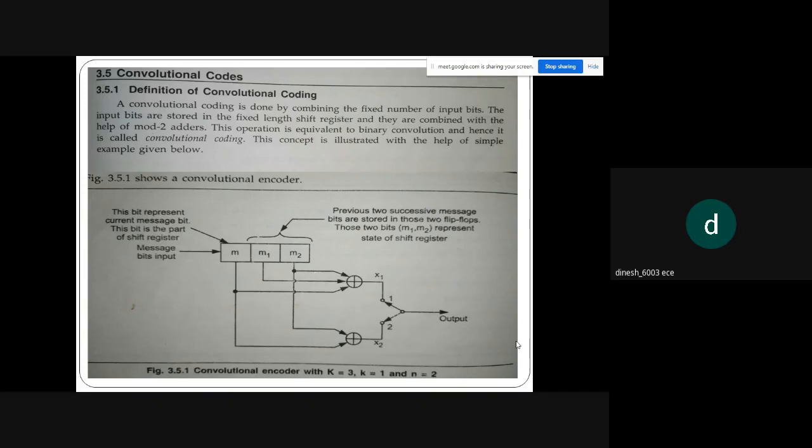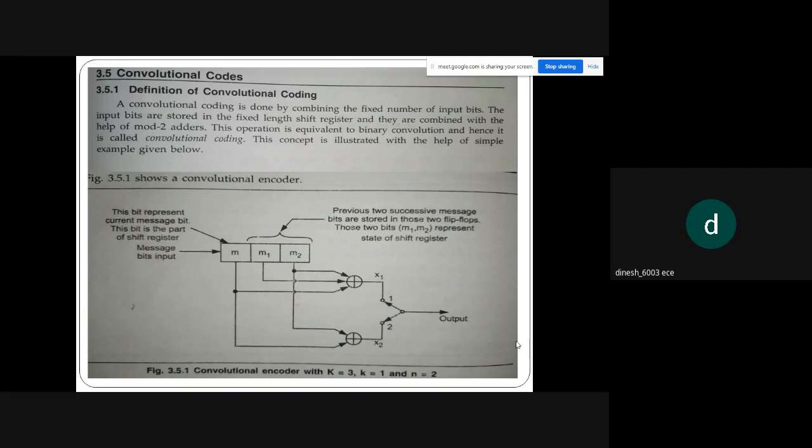So far, the codes that we had seen are linear block codes and cyclic codes. Apart from that we have another type of sequential structured system, or structured sequences, called convolutional coding. So let us define convolutional coding first. Convolutional coding is done by mixing or combining a fixed number of input bits.